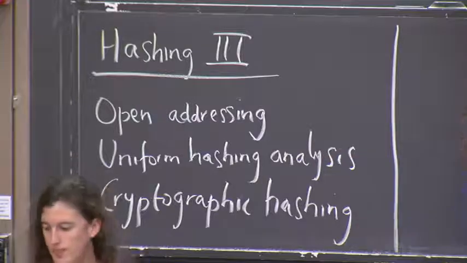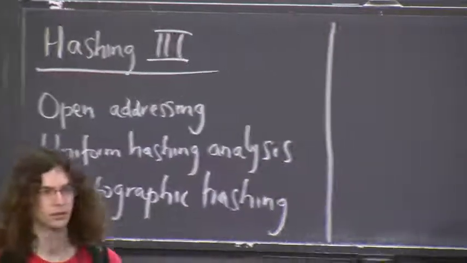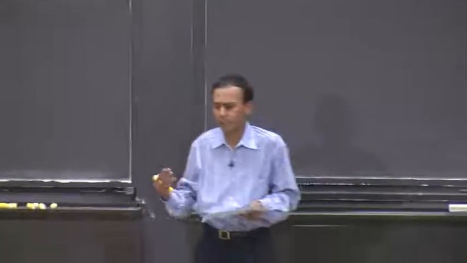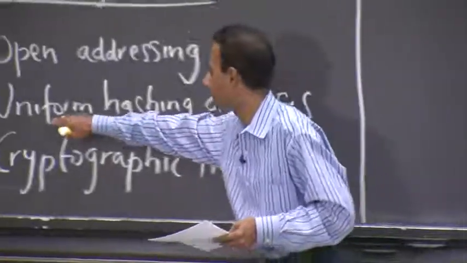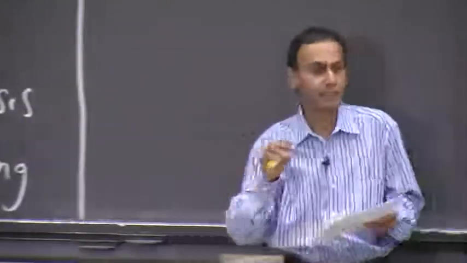Now, in order to get open addressing to work, there's no free lunch, right? So you have a simple implementation. It turns out that in order to make open addressing efficient, you have to be a little more careful than if you were using hash tables with chaining. And we're going to have to make an assumption about uniform hashing. I'll say a little bit more about that, but it's a different assumption from the simple uniform hashing that Eric talked about.